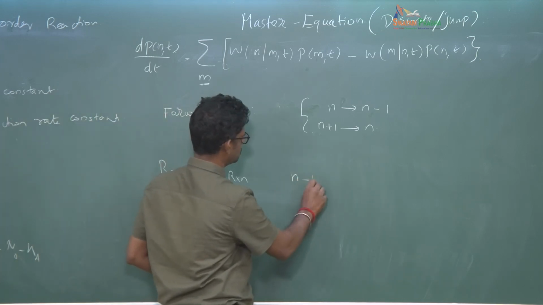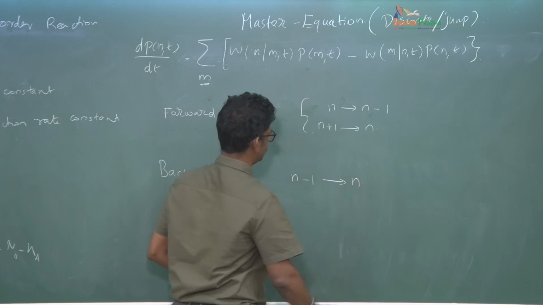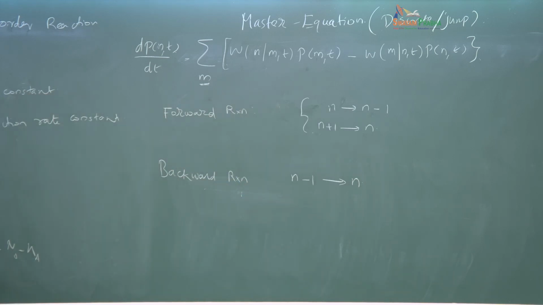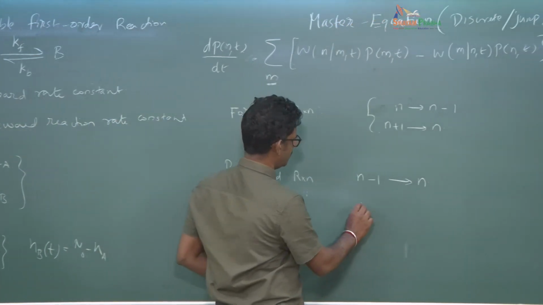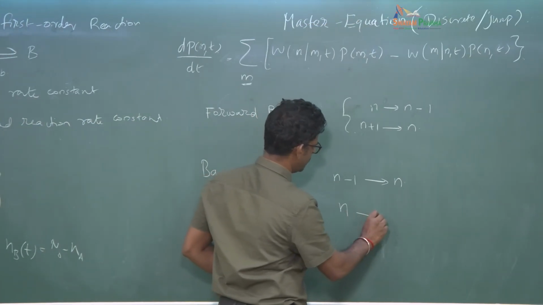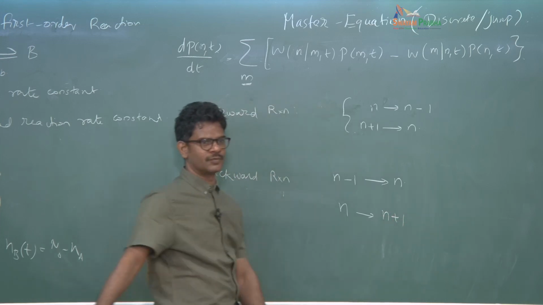You can have n minus 1. If I have n minus 1, one backward reaction can take it to n, and then if I have n, it can go to n plus 1, right?